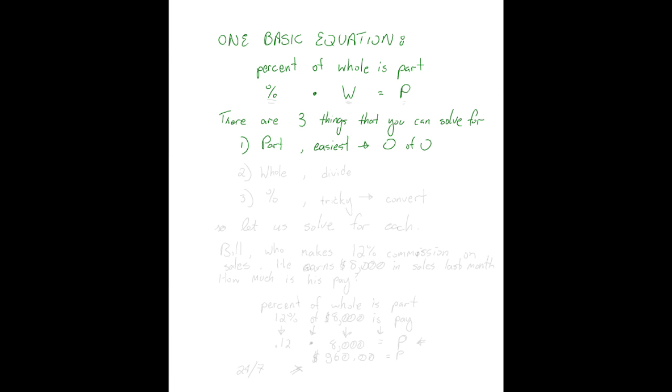You're just going to simply multiply the percent and the whole together, and that'll give you the part, and that'll make your life very easy. The second thing that you can solve for is the whole. Alright, and this one isn't too bad because all you're going to do is divide to get that, so that's nice.